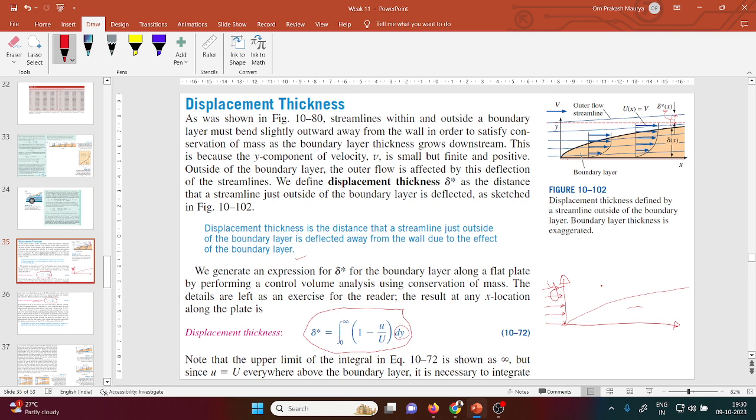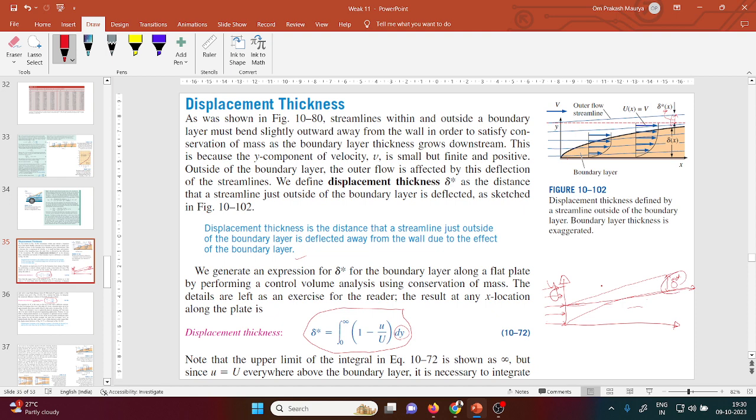But the boundary layer is present, so your streamline looks like this. It should go like that, but this displacement is happening due to the boundary layer formation. So this thickness is known as the displacement thickness. I think you got it.